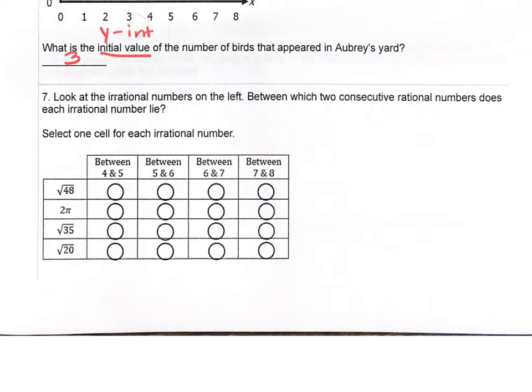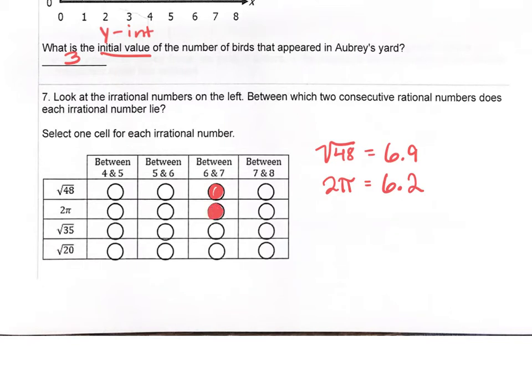Number 7, we're finding what two numbers each of these fall between. So square root of 48, we go to a calculator, type in square root of 48, and I get 6.928. That's between 6 and 7. 2 pi, go to a calculator and I say 2 times pi, and I get 6.28. That's between 6 and 7.